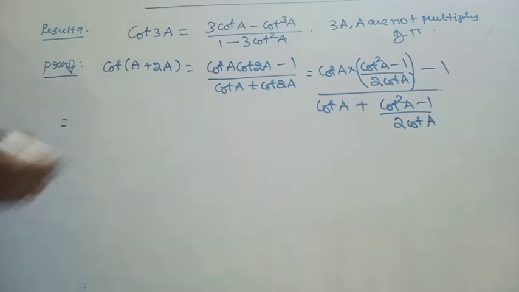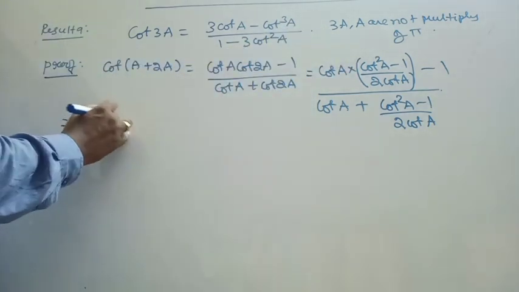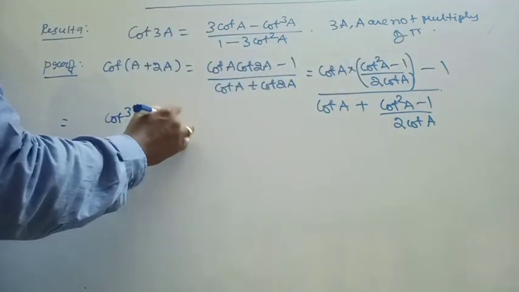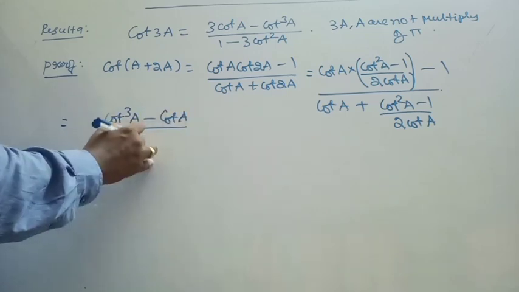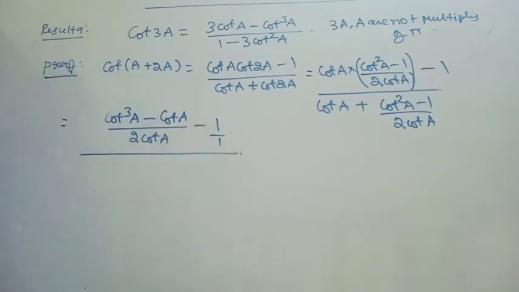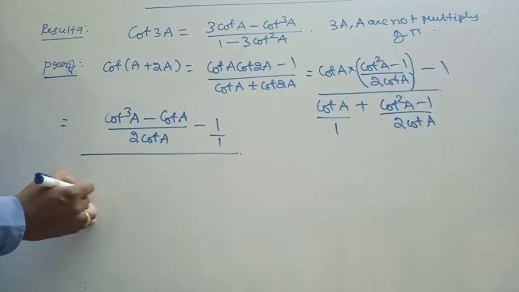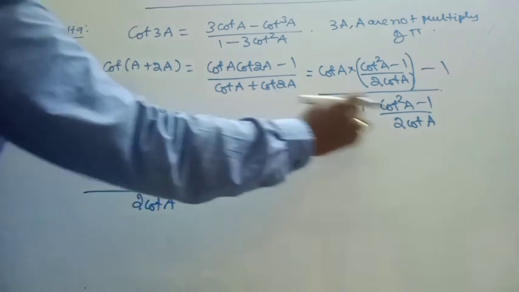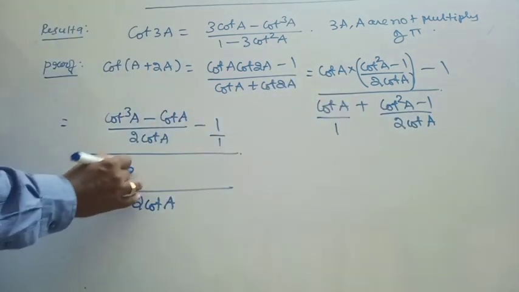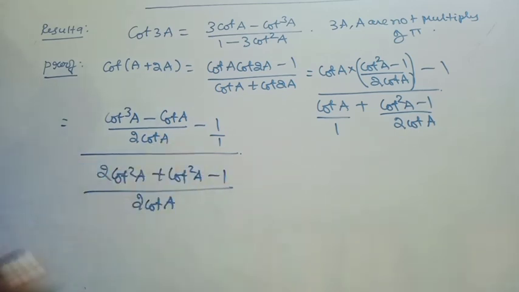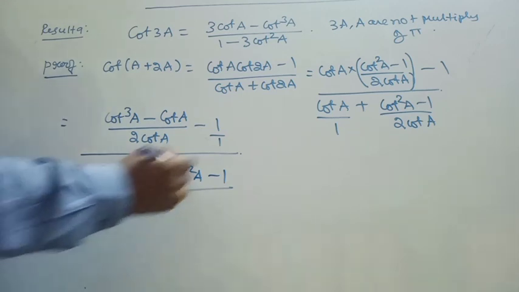Now cot A into cot square A is cot cube A minus cot A, whole by 2 cot A, minus 1, and we will take the LCM there. In the denominator also we will take the LCM: this is now 2 cot square A plus cot square A minus 1, right?